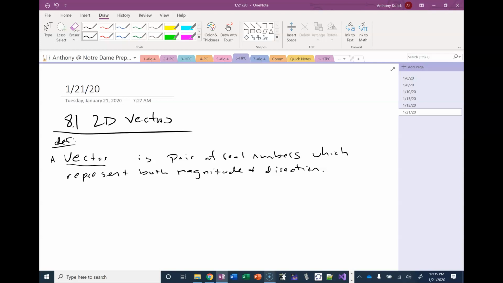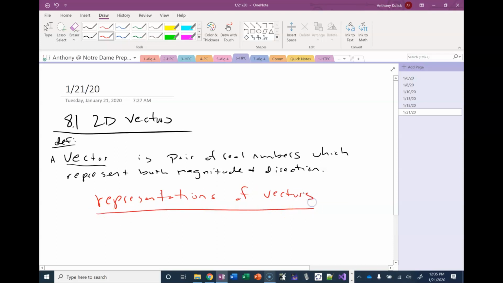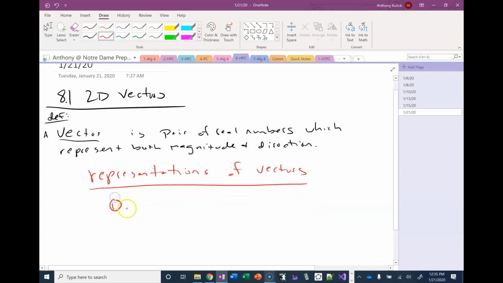Okay, so we have a bunch of different representations for vectors. The first one that we're probably most familiar with is as a magnitude and direction. We've seen this description already in the first semester. We did some vector story problems in first semester.